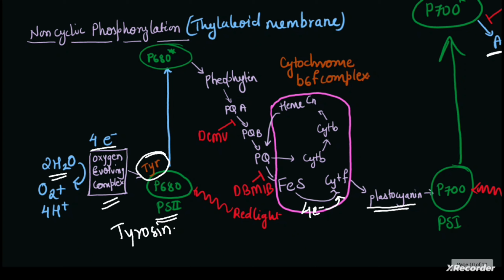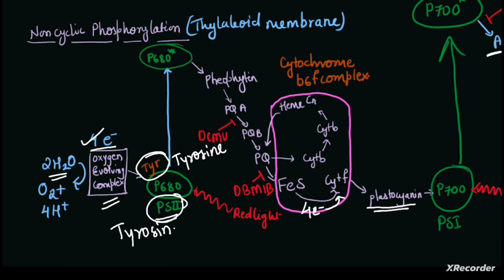Now these 4 electrons will be forwarded to PS2, that is P680, and specifically 4 electrons will be received by the tyrosine amino acid. There is a tyrosine amino acid which sits on this photosystem 2, that will receive these 4 electrons, and later your photosystem 2 will get excited.